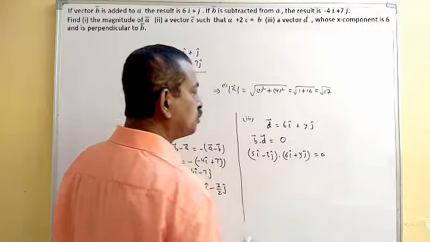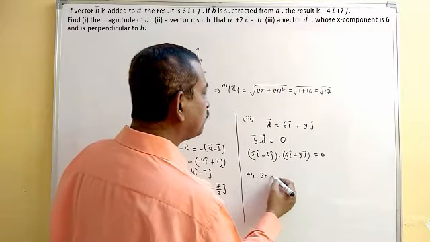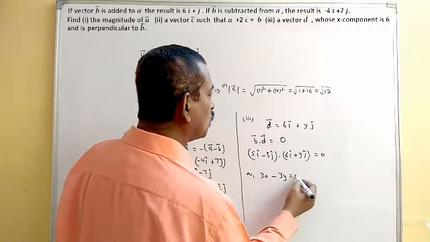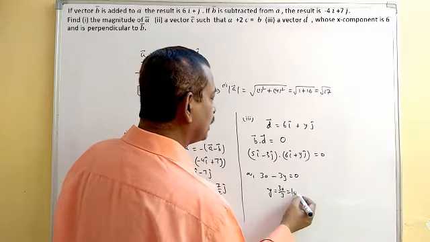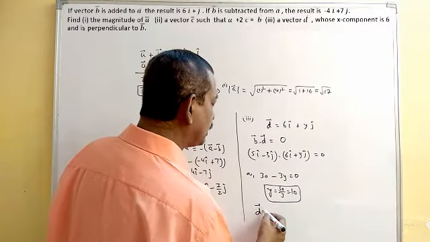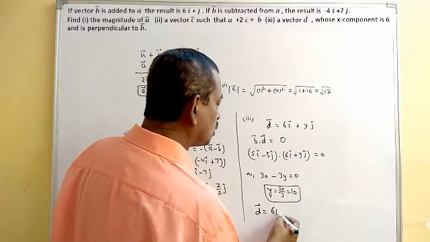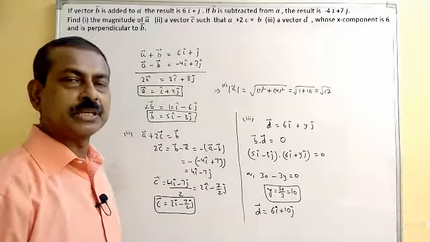This has to be 0. So this will be 30 minus 3y equals 0, or y equals 30 by 3, and that is 10. So this is your y component. Therefore, vector d will be 6i plus 10j. This will be the vector d.